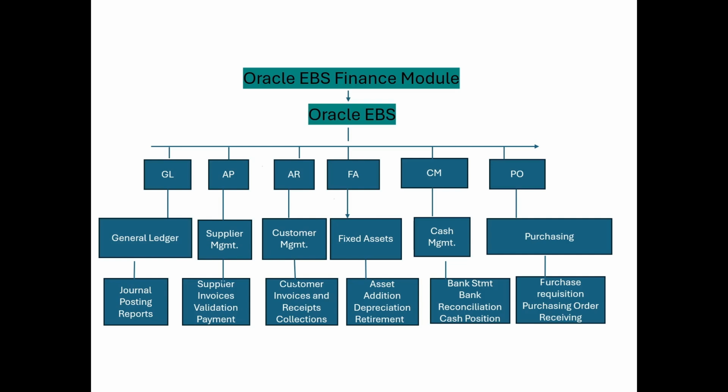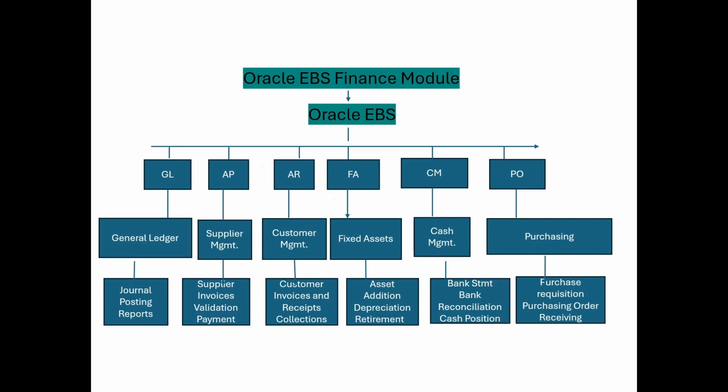Now let's explore Purchasing, where you will see how companies create purchase requisitions and purchase orders, and procure goods and services. What is Purchasing? The Purchasing module is used to procure goods and services from suppliers.